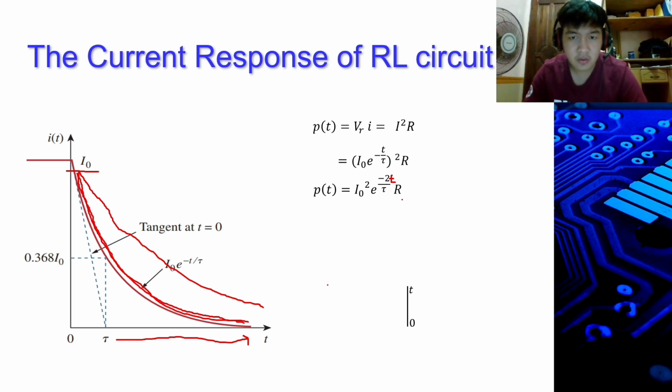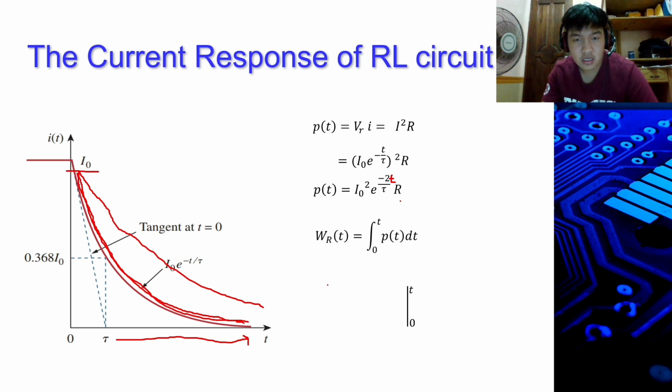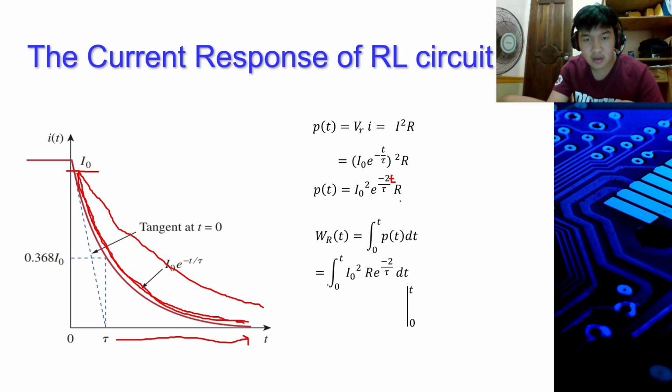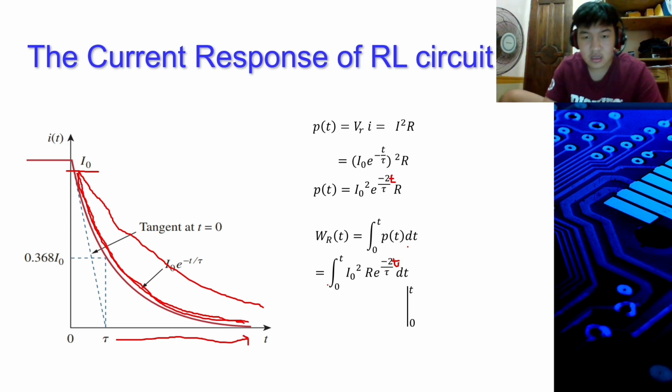over tau times R. And we can also find the energy dissipated, the energy across the resistor, which is the integral of P of t dt from 0 to t, the integral of I naught squared R e to the power of negative 2t over tau dt.